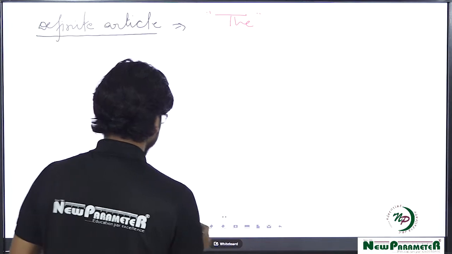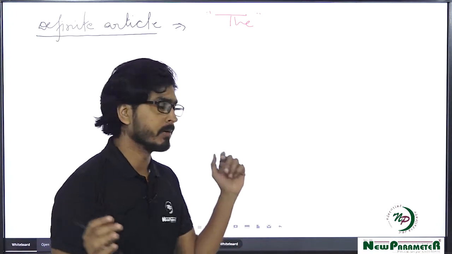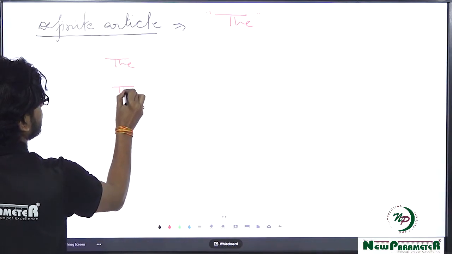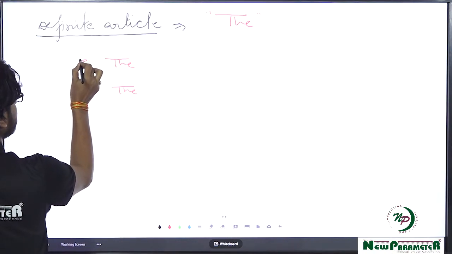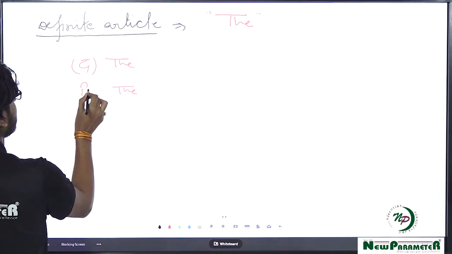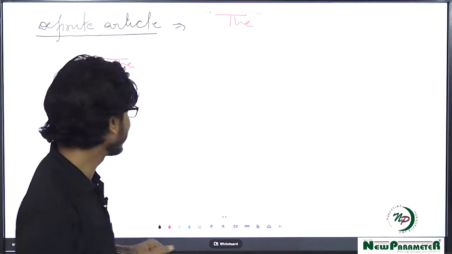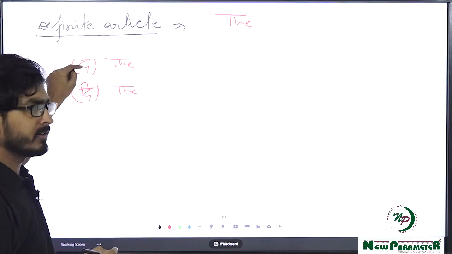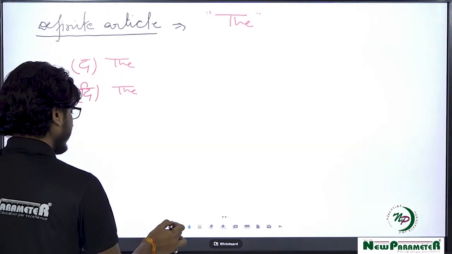We'll see. See, once again, you know the concept of vowel and consonant. T-H-E and T-H-E. This is pronounced as "thuh", and this is pronounced as "thee". I'm not very much comfortable in Hindi, so don't judge my Hindi. Because "the" is "thuh" also and it is "thee" also. But when and why, let's see.